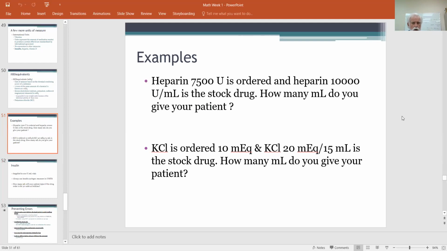And what we calculate is what actually is given to the patient, either a number of tablets, a number of capsules, or a number of milliliters, or a number of drops, if we're doing something like a nasal or ears or something like that. Okay. So that's how we do that.